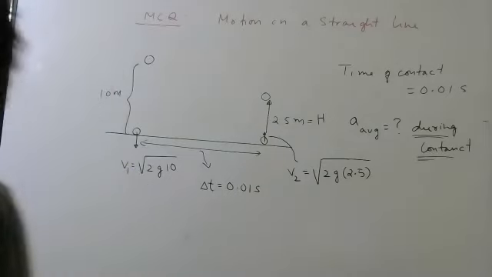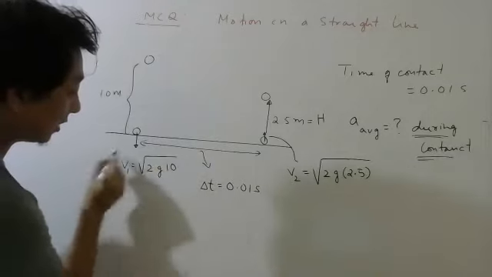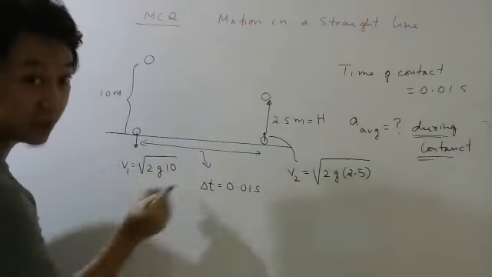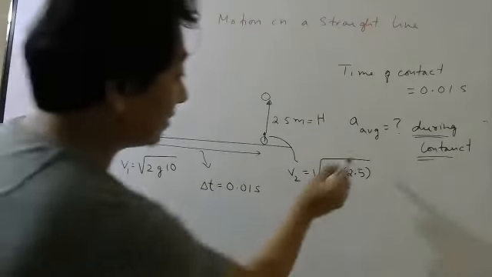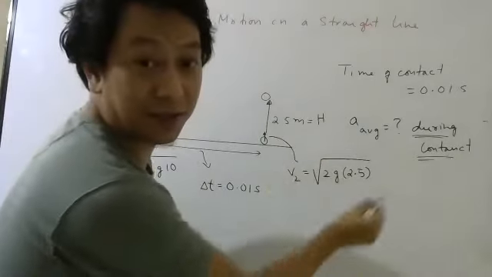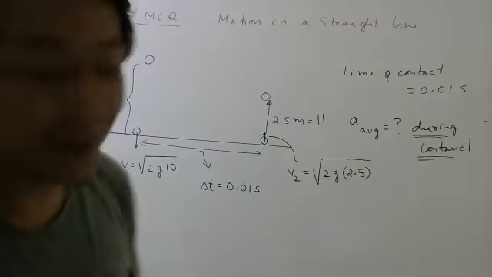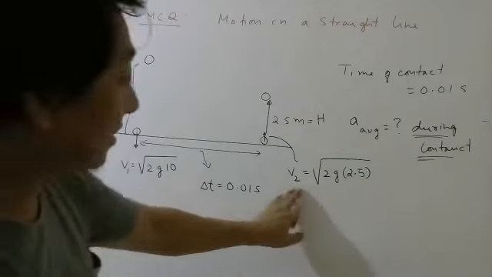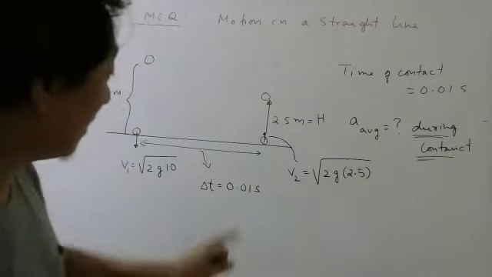Okay. So now you see, this is my initial velocity before contact, just before contact, and this is my final velocity after contact, just after contact. And during contact, what was the interval of time?